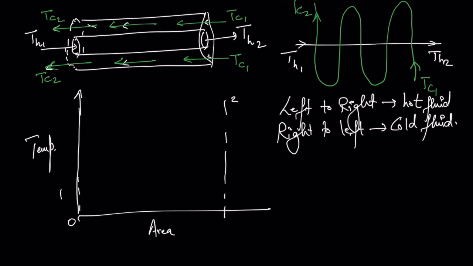The hot fluid will be at higher temperature, the cold fluid at lower temperature. So this is TH1, flowing left to right, and this is TH2, and then the cold fluid is flowing from the opposite direction, so it is something like this.